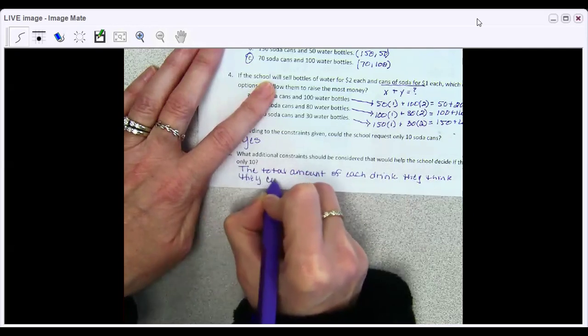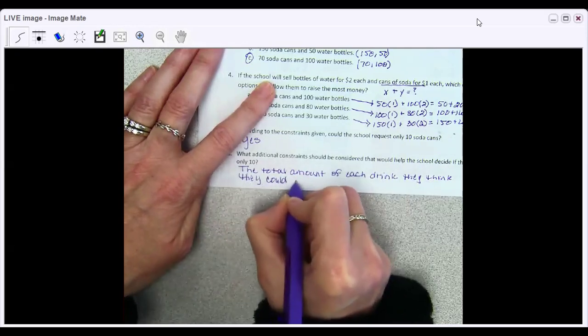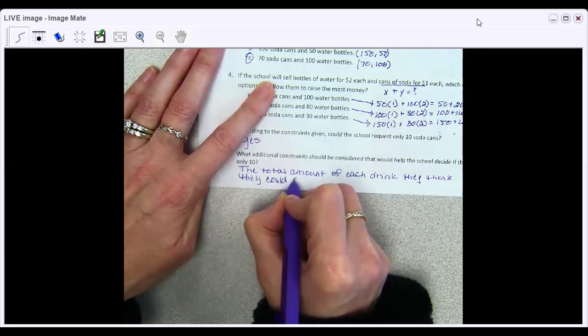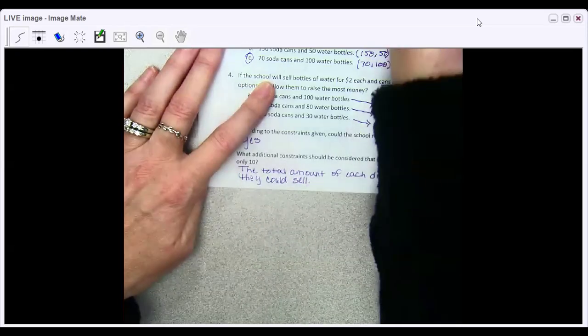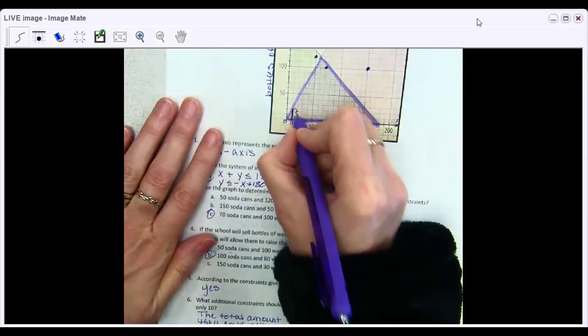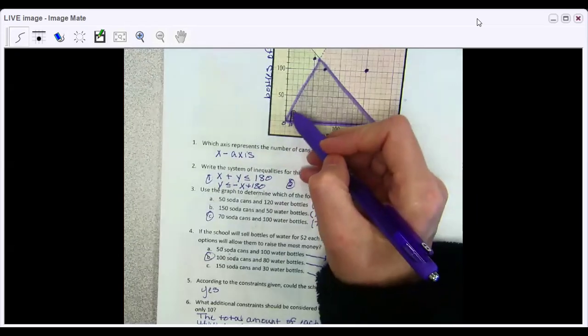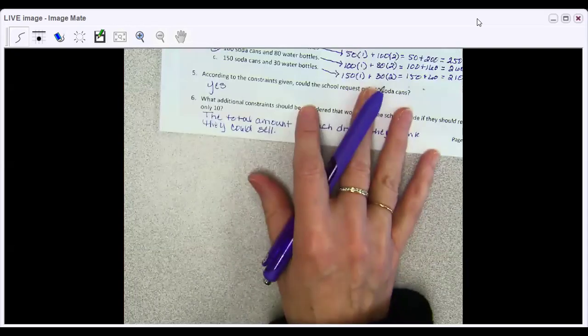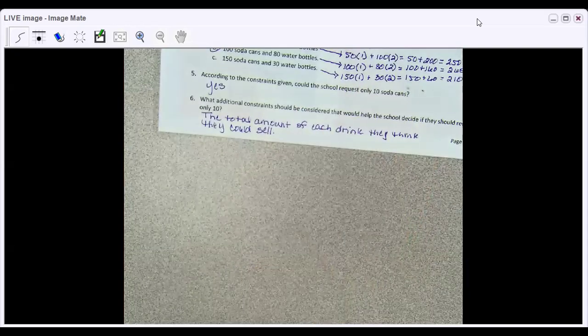Because if they could sell more than up here of water, they're definitely not going to only get 10 soda cans. That doesn't make sense. It's basically saying they can sell no more than 20 water bottles, right? So if they think they're going to sell more than 20 water bottles, they're definitely not going to get 10 soda cans. Okay.